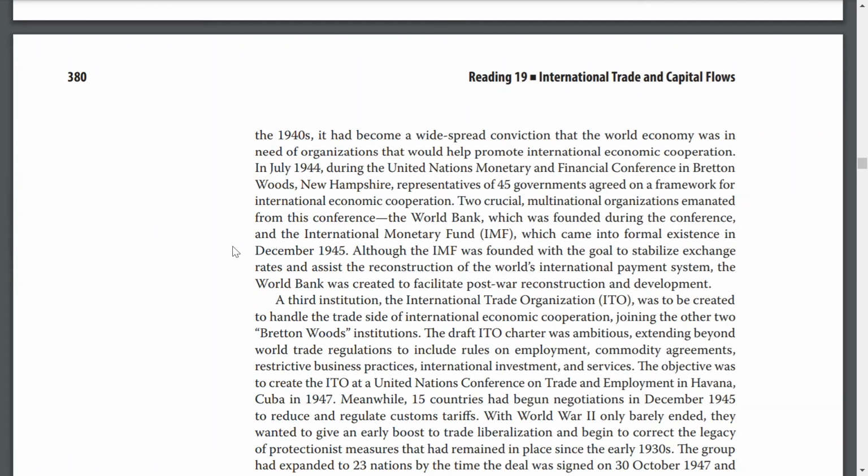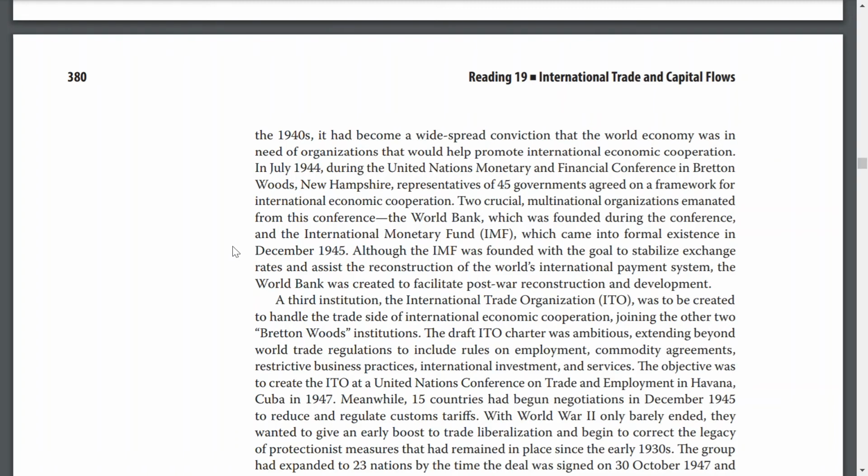In 1944, during the United Nations Monetary and Financial Conference in Bretton Woods, New Hampshire, representatives of 45 governments agreed to a framework of international economic cooperation. Two crucial multinational organizations emanated from this conference: the World Bank, which was founded during the conference, and the International Monetary Fund, or the IMF, which came into formal existence in December 1945.